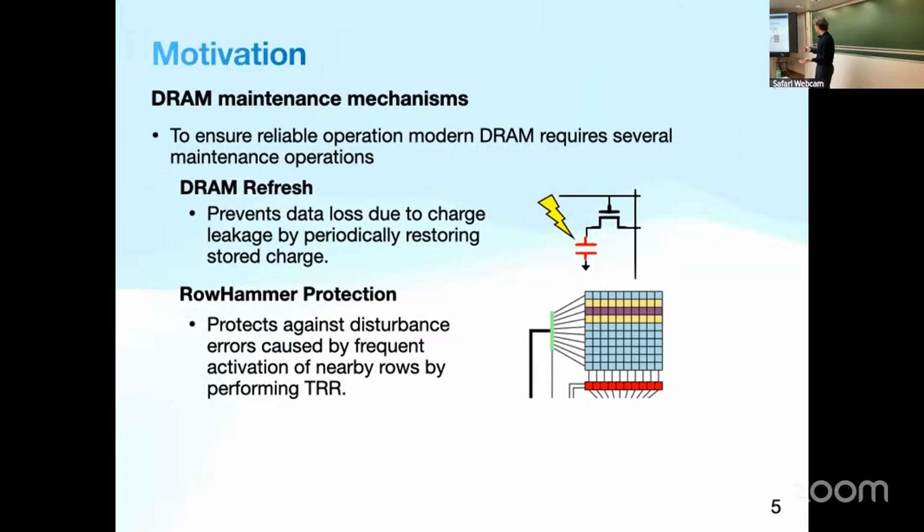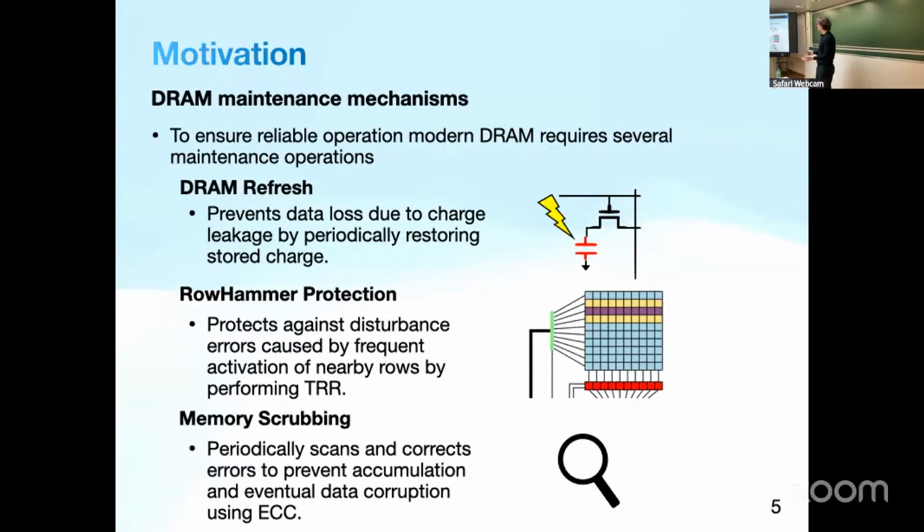This protects against disturbance errors caused by frequent activation of nearby rows. We already know a lot about this. Next, we have memory scrubbing. This periodically scans the DRAM rows, checks if there are any errors in the code, and tries to fix that corruption if anything is found.